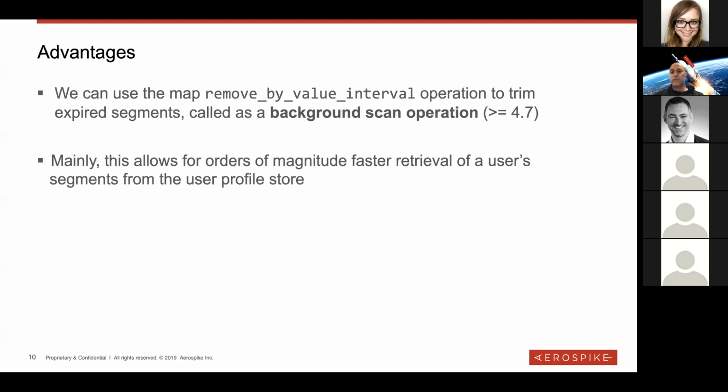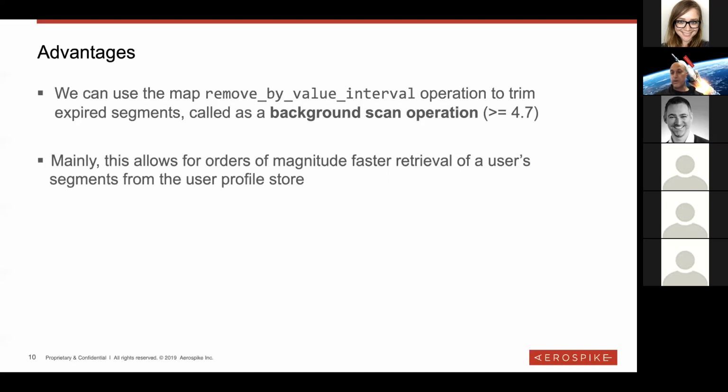Aerospike, since 4.7, has the ability to do an operate, which is our client's name for a transaction, with this remove by value interval, and apply it with a scan to every single record that it meets. So it can scan over all the data on every single node of the cluster in the background, and do it fairly slowly, once an hour or once a day.